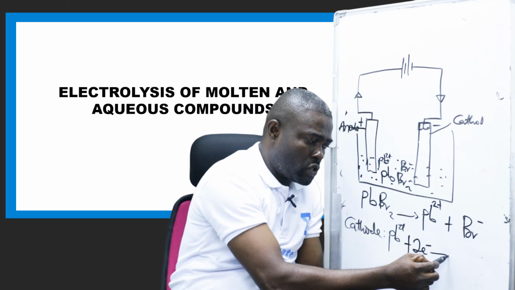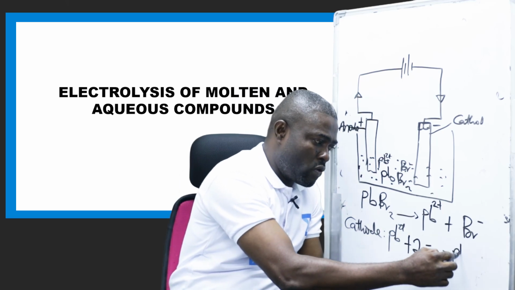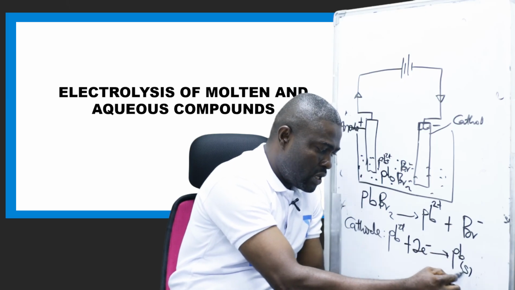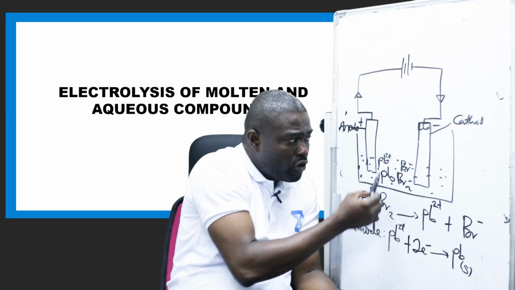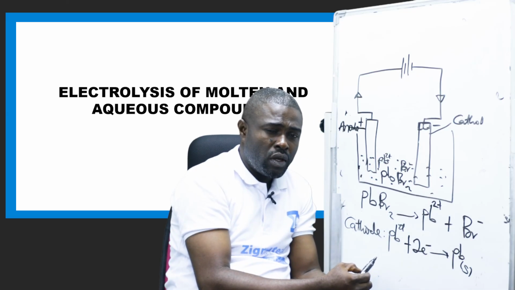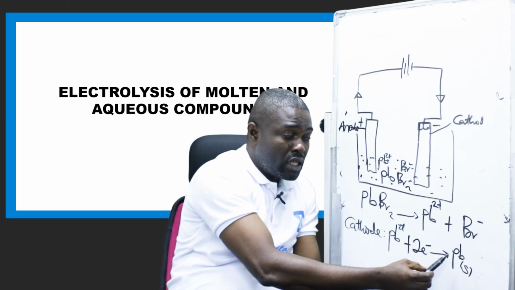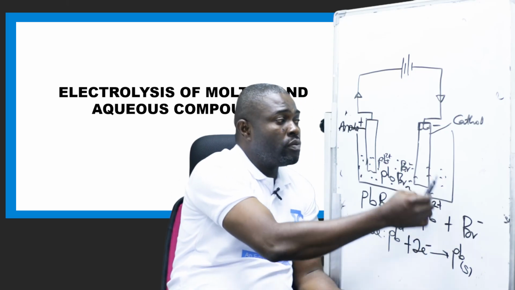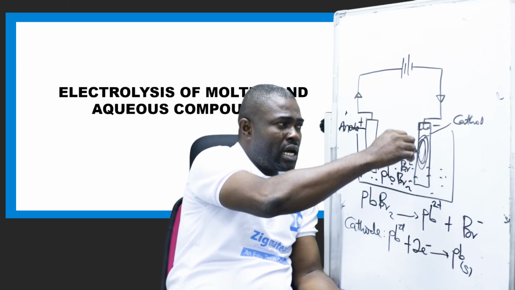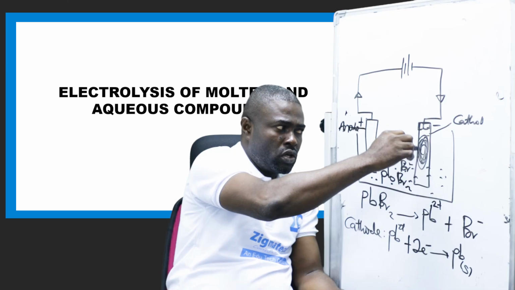And the result is what? Ordinary lead, which is an ordinary metal, solid. But where it is actually coming from is from here, inside this place. Eventually, this lead neutral atom is produced and is deposited at this particular cathode or this rod.